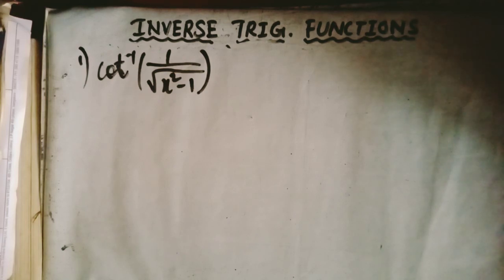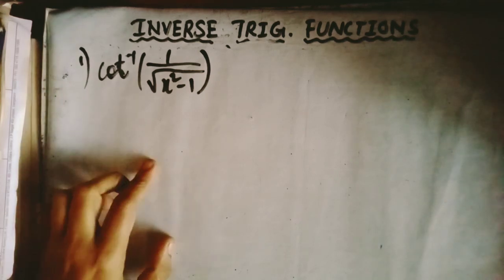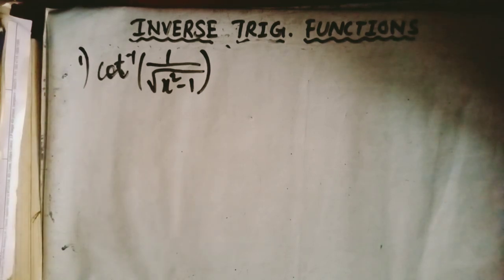So in those derivatives, we used to write the derivative of cot inverse, sec inverse, okay, or we can use the knowledge of our trigonometry, that is x square minus 1. So in place of x, if you put some trigonometric ratio, that is sec, cos or cot, what will you get?